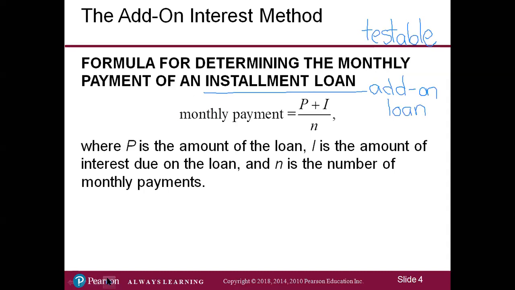So monthly payments is the principal plus the interest divided by the number of months, where P is the amount of the loan, I is the amount of interest due on the loan, and N is the number of monthly payments. We recall I equals PRT using simple interest.